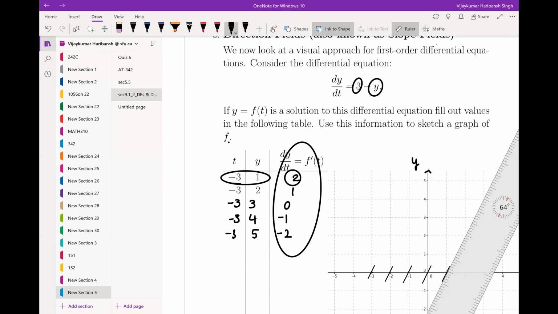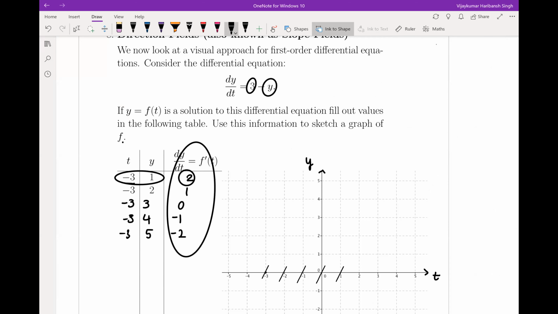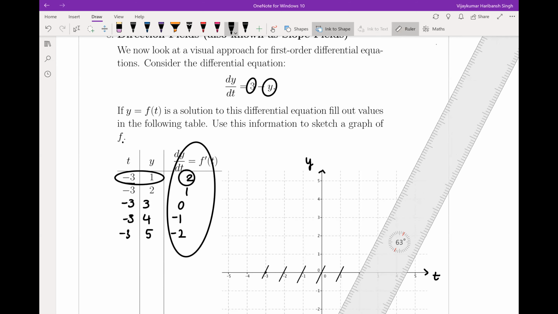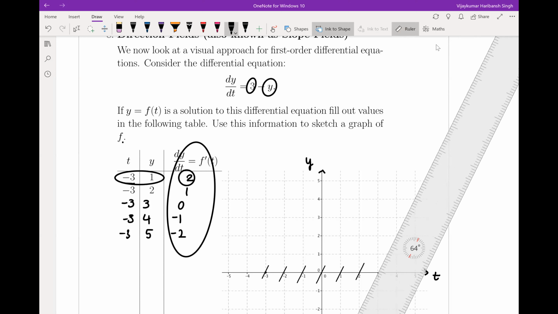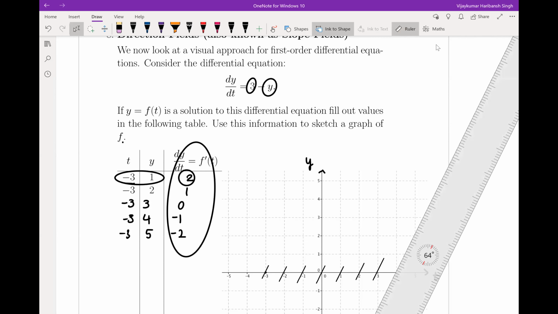All right, so we keep drawing line segments of slope 2. Let me complete the drawing. You don't need this big of a line segment. Okay, so on and so forth.